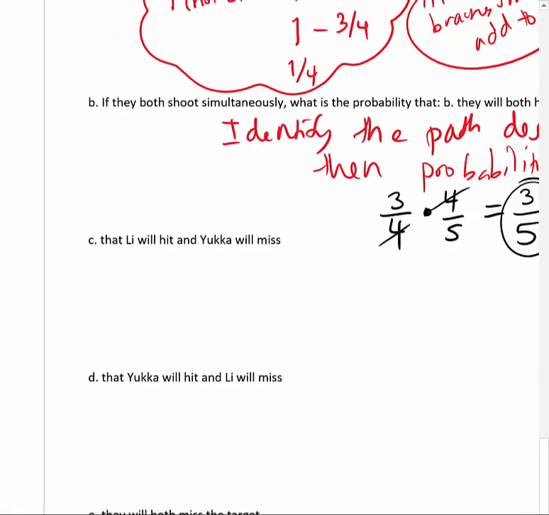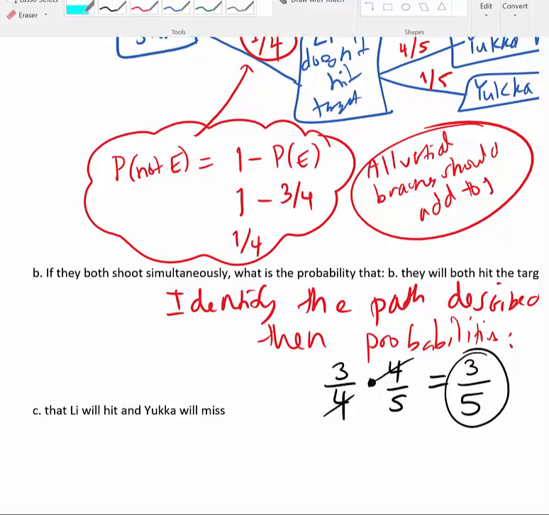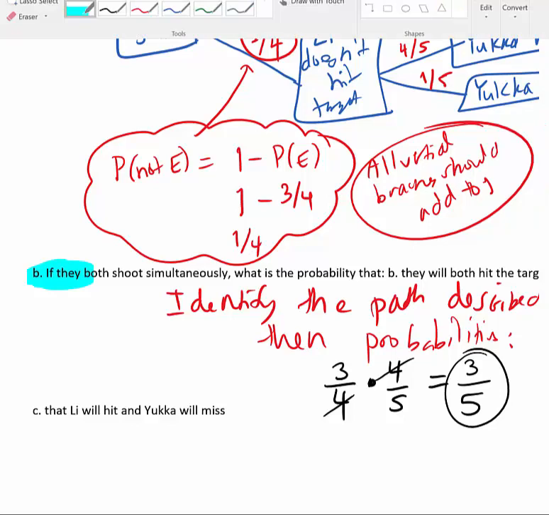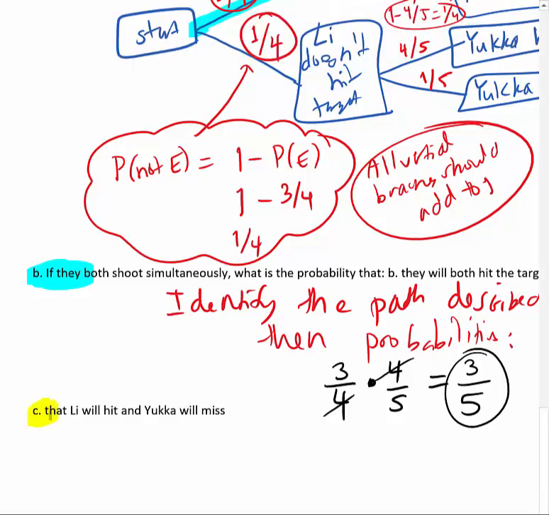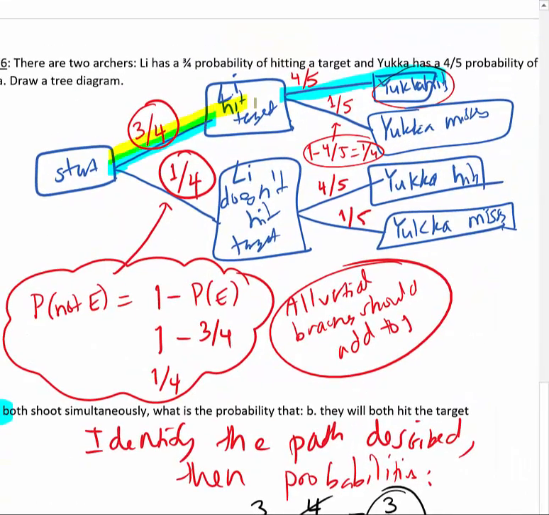And then we can look at if Lee hits the target but Yuka misses. Just to be safe, for part B, I'm going to remind myself, I highlighted that path in blue. Part C, I'll highlight in yellow. Lee hits the target, that means we took the same path initially, but then they said Yuka doesn't hit the target. That means we're taking this other path.